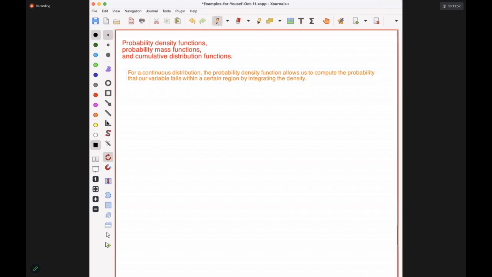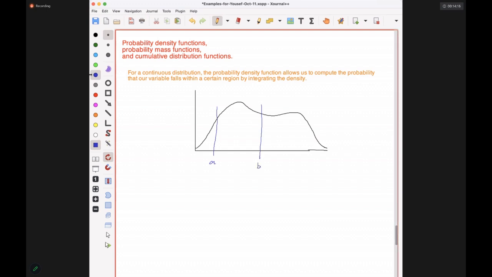So here, let's say that this is our density function, and we're looking at the probability of our variable being between two values a and b.